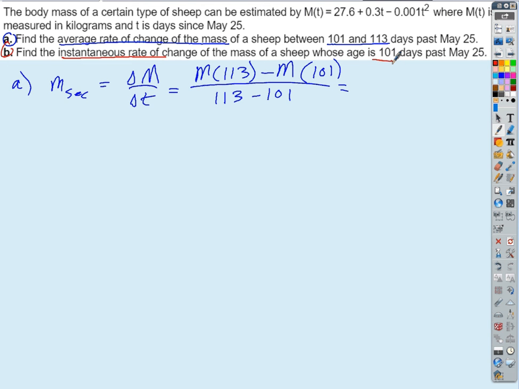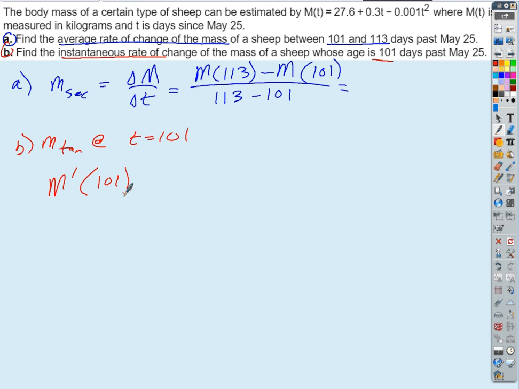We want to know, at that exact moment, at day 101, how fast is the mass changing, right? So that is going to be a calculus issue. That is the slope of the tangent at t equals 101. Well, that's just the derivative, right? So that would just be m prime of 101.